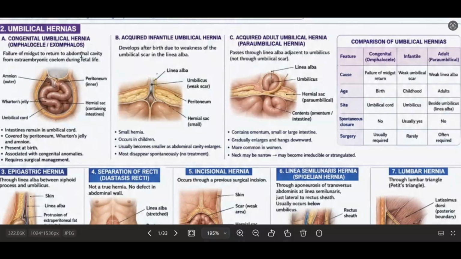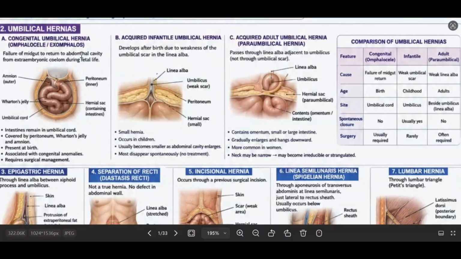At about the 6th week, the rapidly growing midgut temporarily herniates into the umbilical cord, and that is a physiological herniation. In the umbilical cord it rotates outside the abdomen. Around the 10th week approximately it returns to the abdominal cavity again.